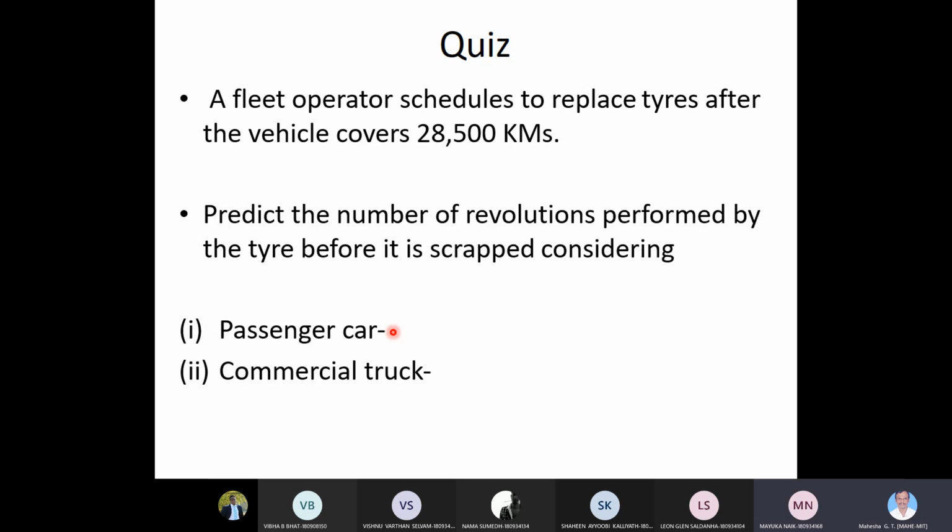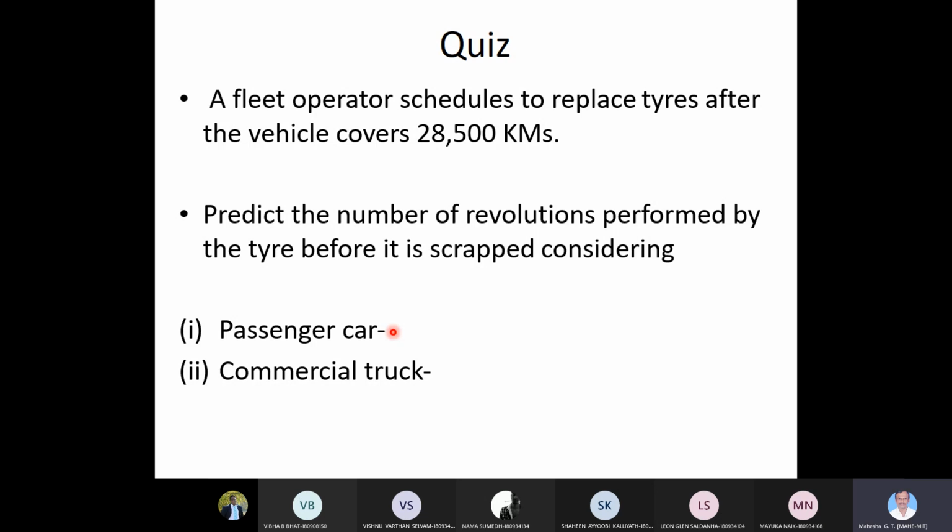Common sense only you apply. No need to think very seriously.